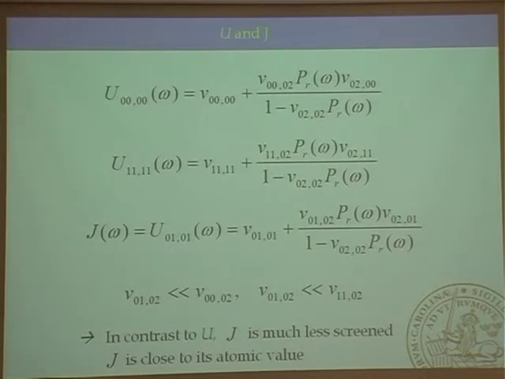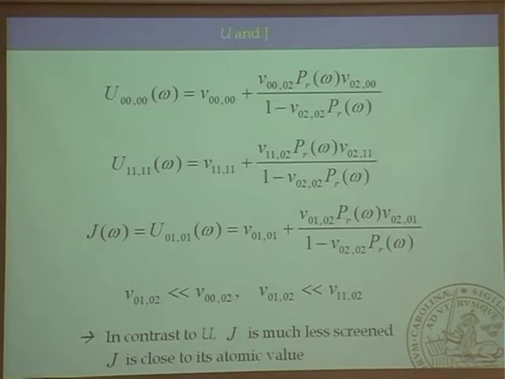And one thing we notice is that in the case of J, we see that this quantity here is considerably smaller. So we have not put in any number, but we can kind of guess this, that this is much smaller compared to what we have for the U 0, 0, 0, 0 or 1, 1, 1, 1.